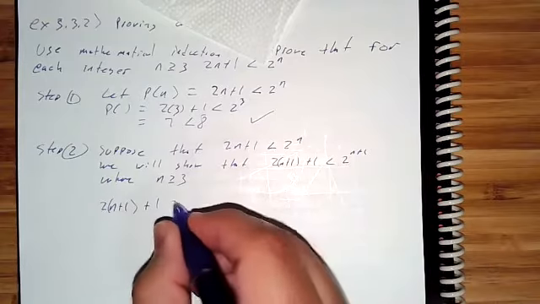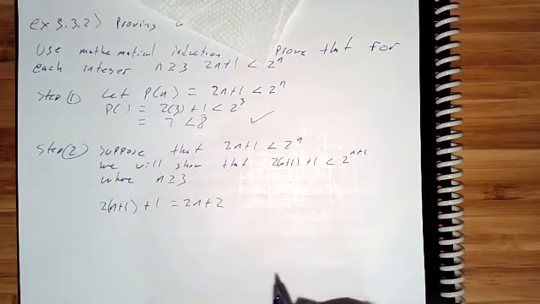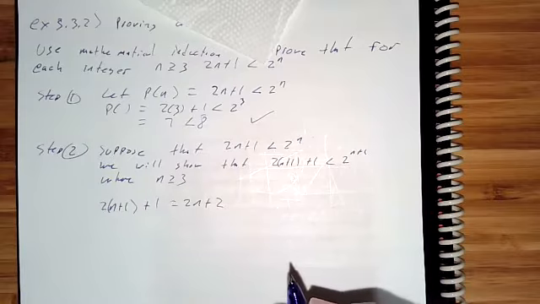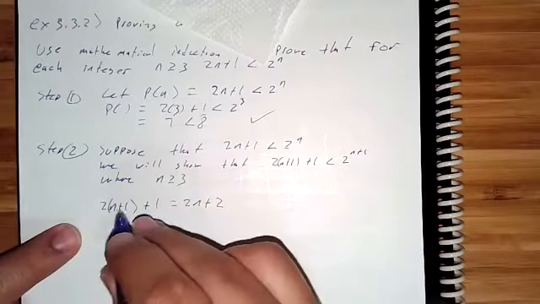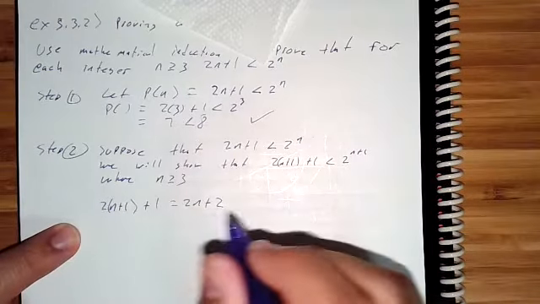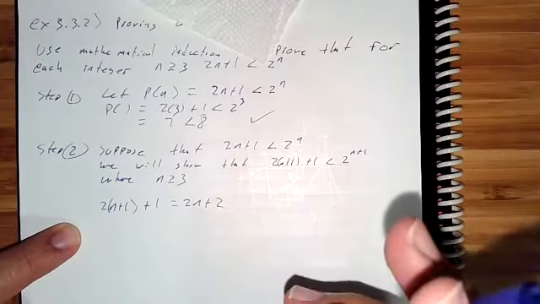So we know that that's equal to 2n plus 2, right? And we know that 2n plus 1 plus 2 plus 1, right?